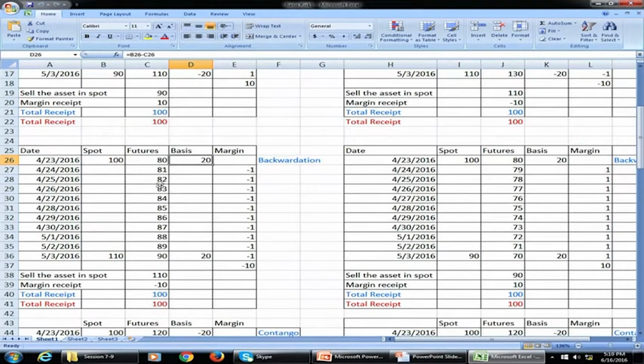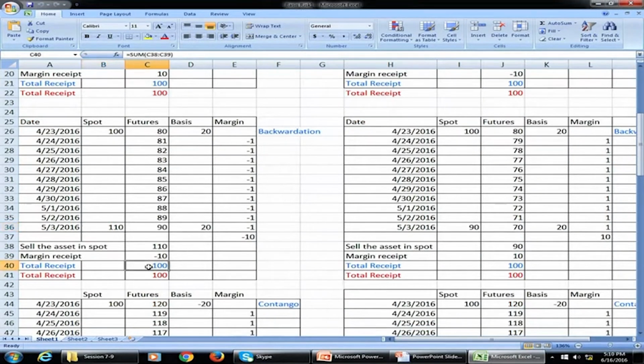Because the futures price is increasing, this short futures holder will pay 1 rupee margin, so net receipt is going to be minus 10, and he will be selling the underlying at a higher price of 110, and his net receipt is going to be 100.